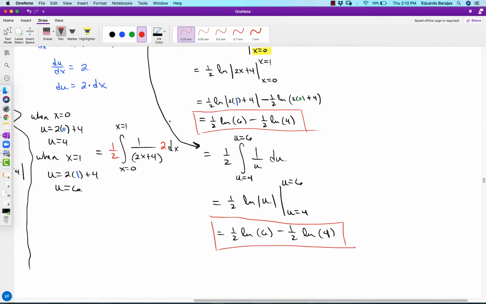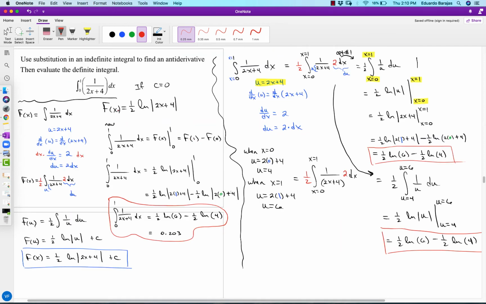So let me zoom out. Okay, so we could go off to the side and find the antiderivative function and then come back and use the fundamental theorem of calculus to find our result. Or we could do it in one of these two ways where we're kind of blending it all in one. So in this method, we use the u substitution.